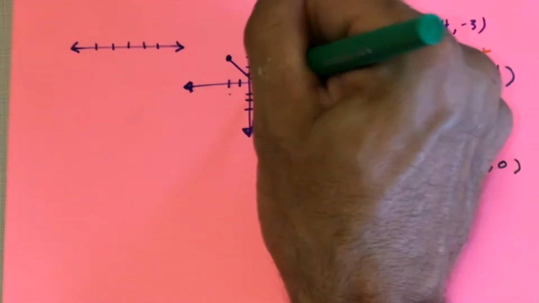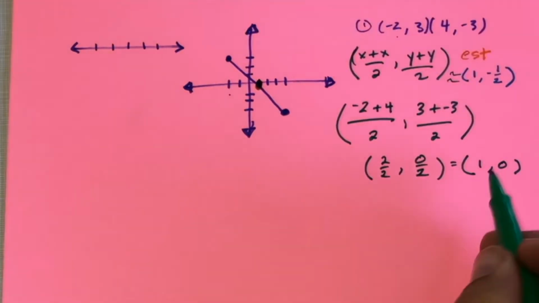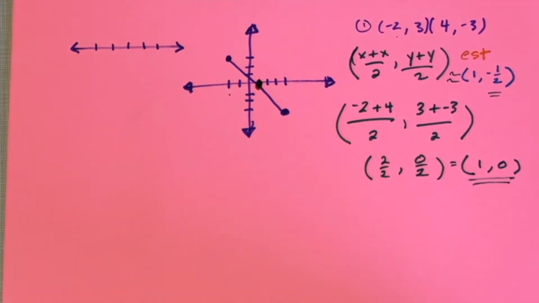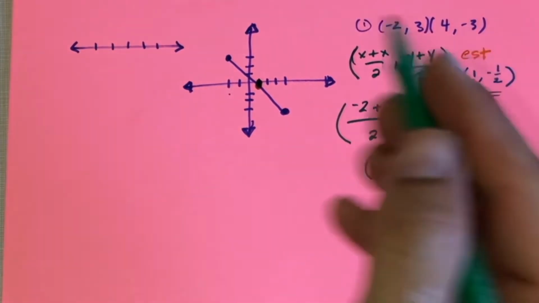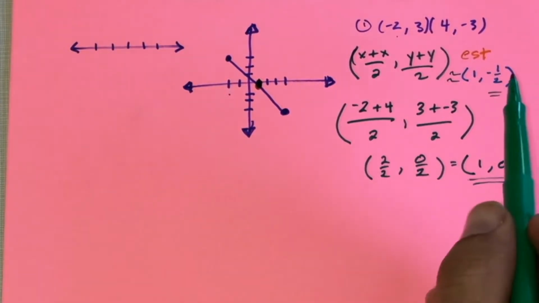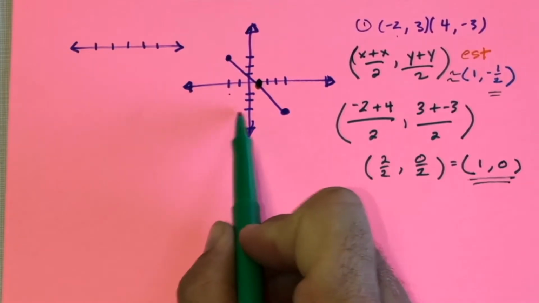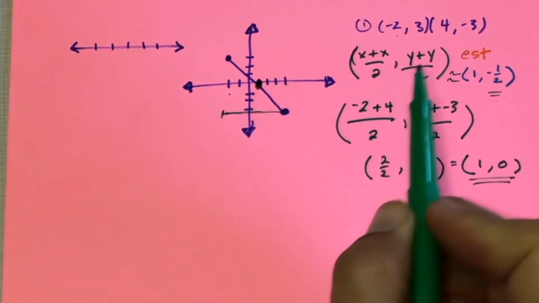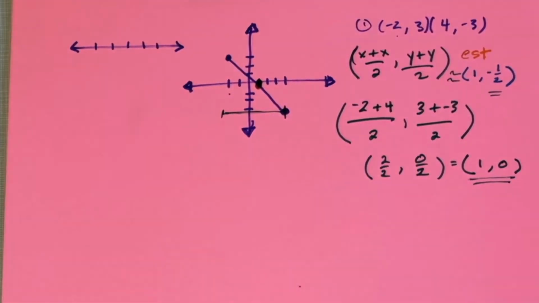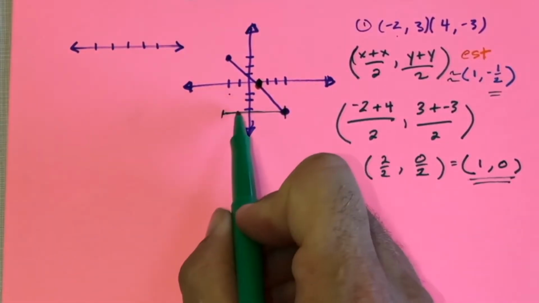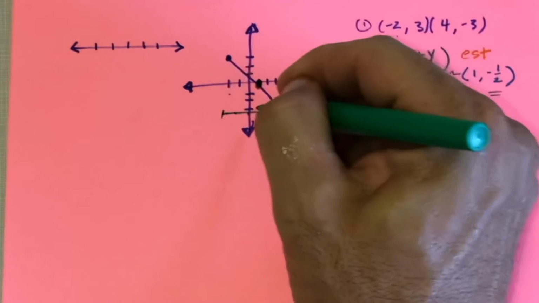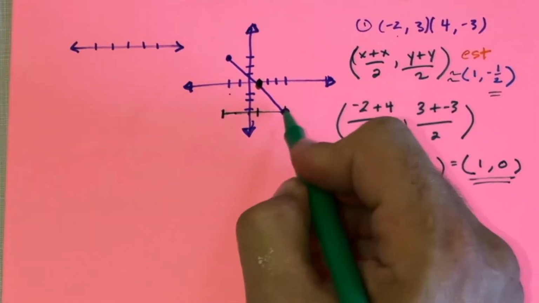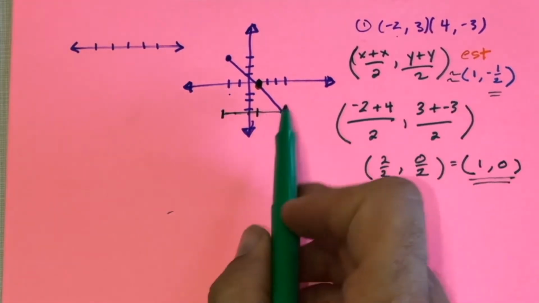And I was close there. It was 1 and 0. I said 1 and -0.5. So this was our answer here. Now, understand that the distance between our x's is about 6. So we went 1, 2, 3 units to find our midpoint, which is what we did on the previous page.